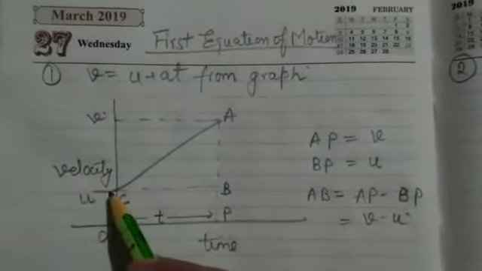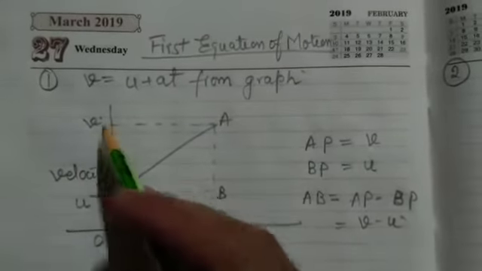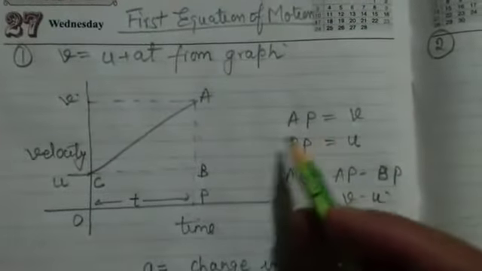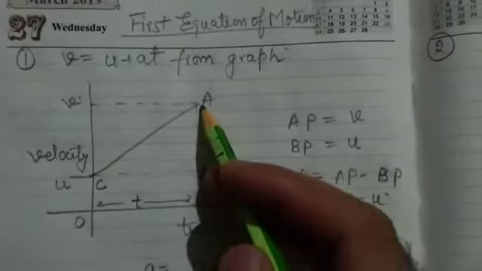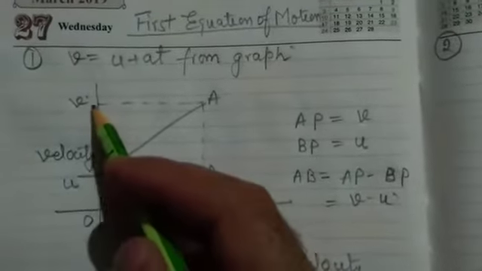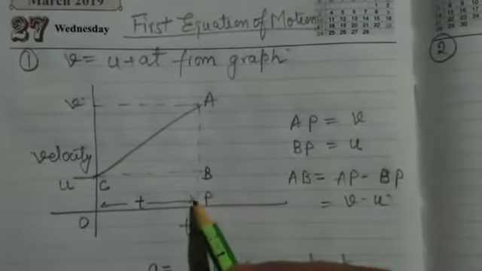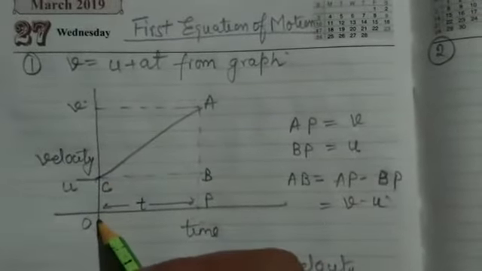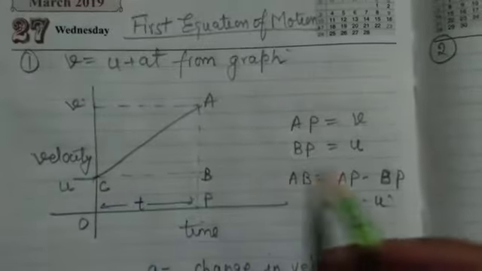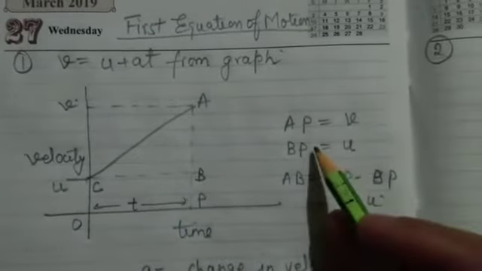So after t time, the velocity is changing from U to V like this. So here AP is the V velocity, that is the final velocity. BP is equal to this much, so it is U. So initial velocity is BP.